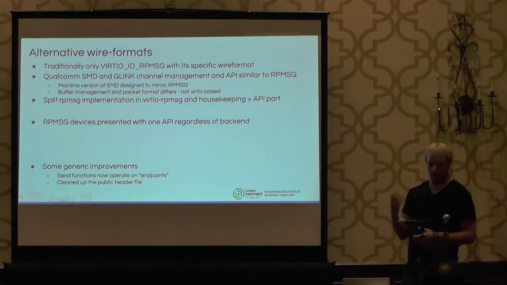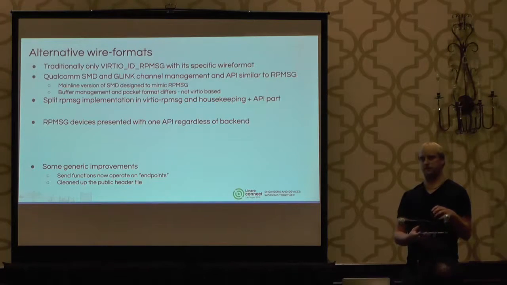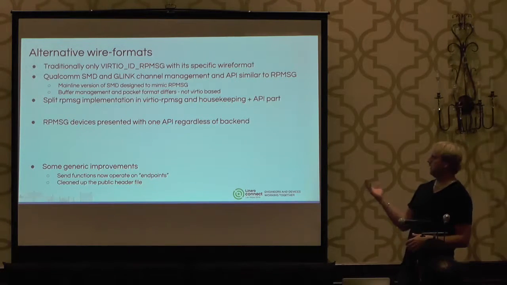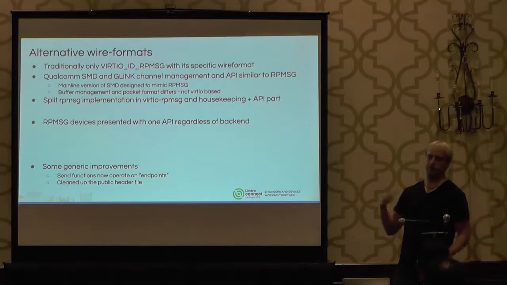So what I did in this cycle is I split the rpmsg and the Virtio rpmsg implementation into the framework and the Virtio backend. And then I introduced the SMD implementation as one of the backends.